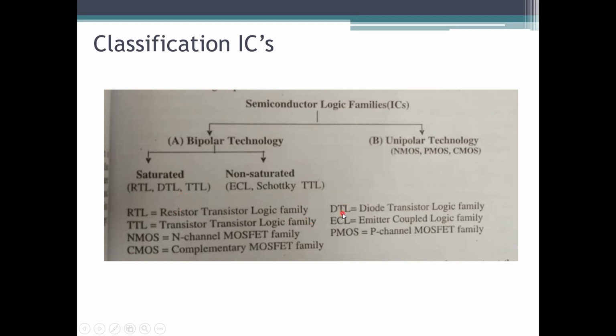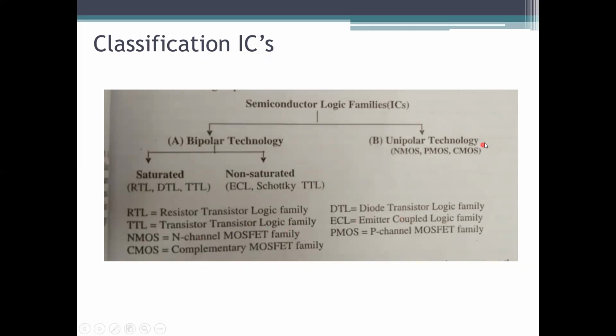DTL is the diode transistor logic family. About the non-saturated, it is ECL and Schottky TTL. ECL is the emitter coupled logic family, and for TTL, again, it is the transistor transistor logic family.